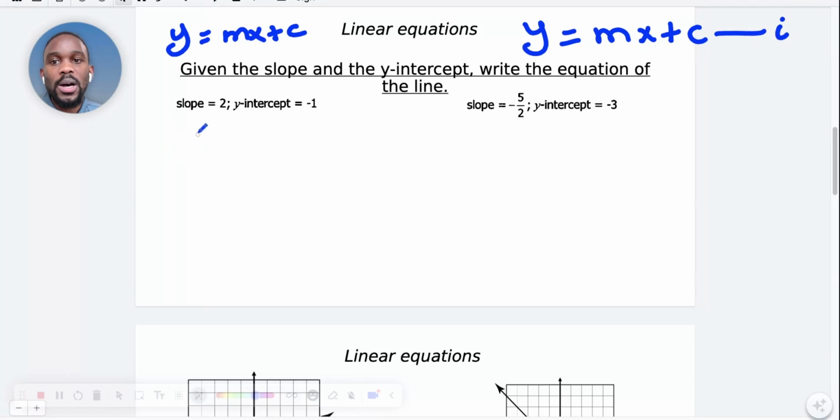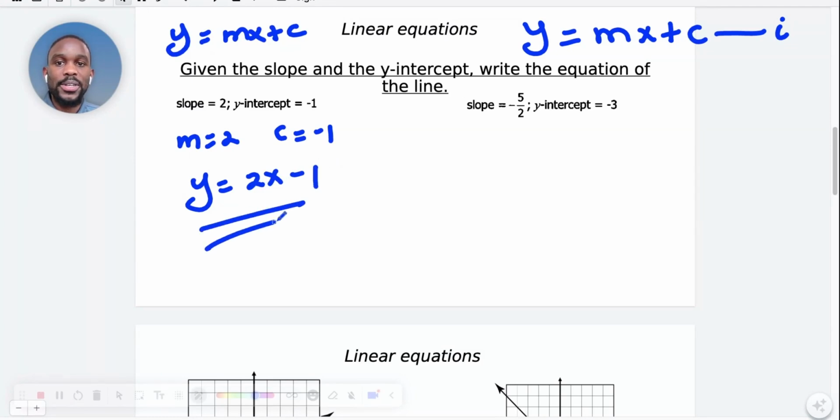In this equation 1, they're giving me the slope as 2, so my m is 2, and they're giving me the y-intercept as -1, so my c is -1. So if I want to write the equation of this line, I just substitute for m and c. So y = 2x - 1. So that's the equation of the line.